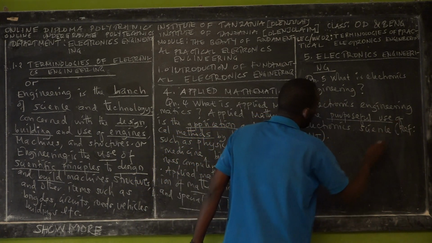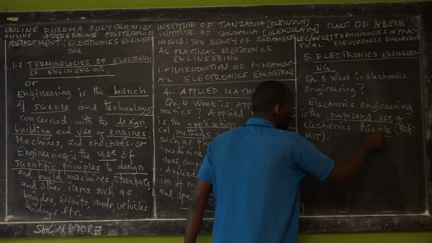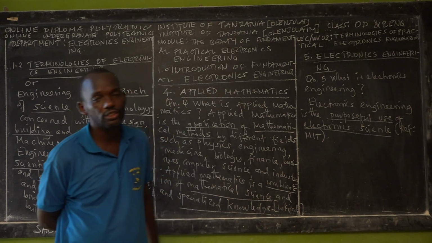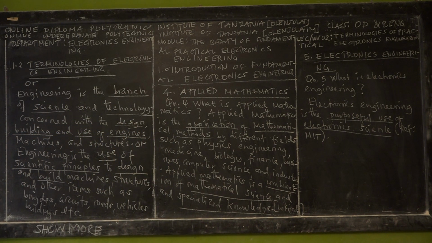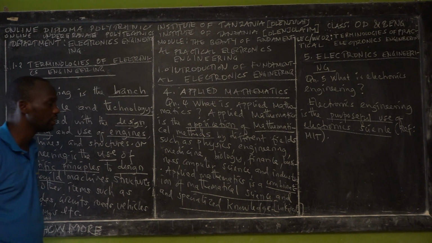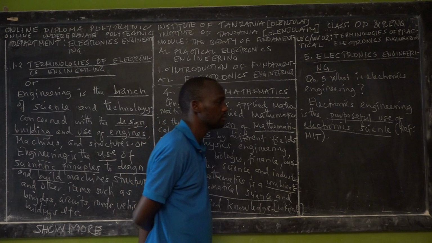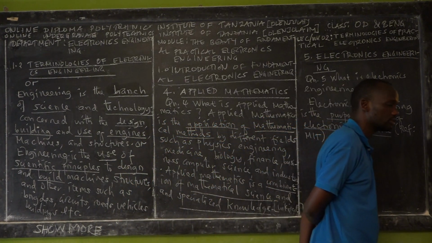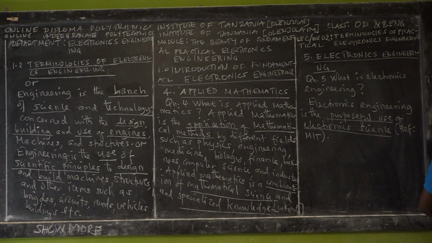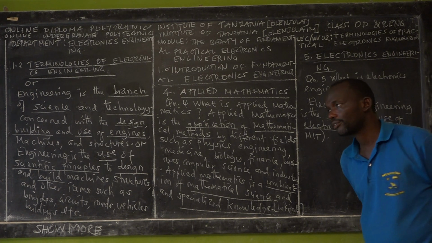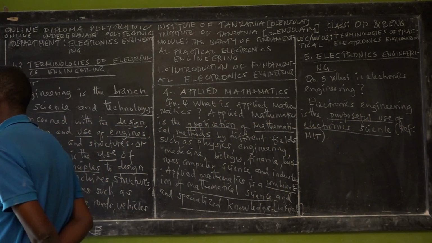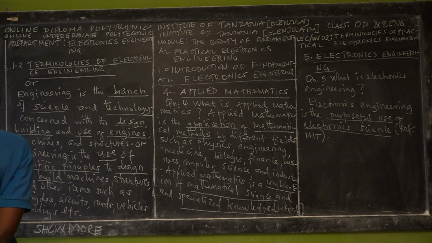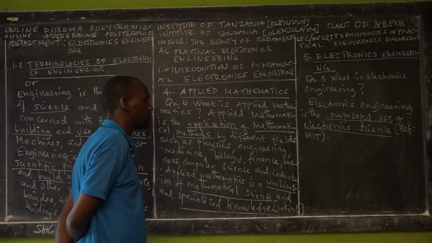Not every science, but electronic science. So there are electronic scientists who always think about how to innovate in electronics engineering or in the field of electronics. Then you as an engineer or technician have to think about how you can use the innovation to solve real life problems.